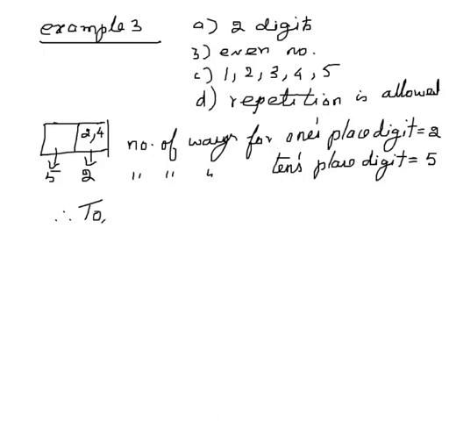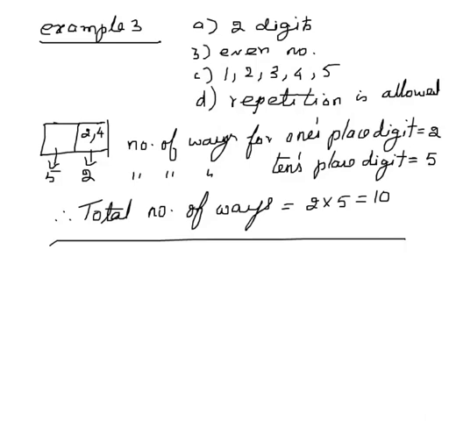Therefore, total number of ways is equal to 2 fives are 10. We need units place digit and tens place digit. Since we use the word and here, we need to multiply. So we can form 10 even 2-digit numbers using the given digits and repetition allowed.